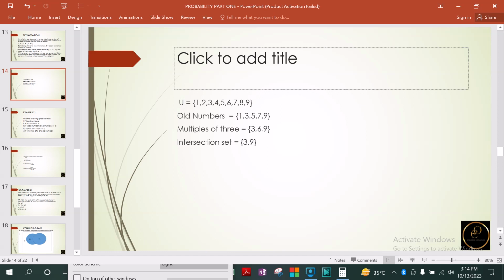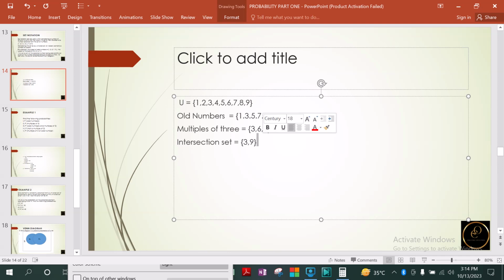1, 2, 4. Let me just put it down here so that it's easier for us to relate to it. Not a multiple of 3. So what type of set are we going to have in this case?